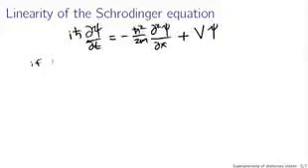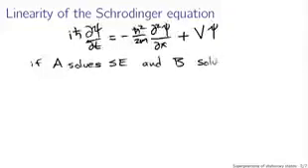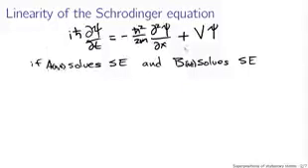So if, say, let's call it A, solves the Schrodinger equation, and B solves the Schrodinger equation, where A is a function of position and time, as is B, then A plus B must also solve the Schrodinger equation. And we can see that pretty easily.